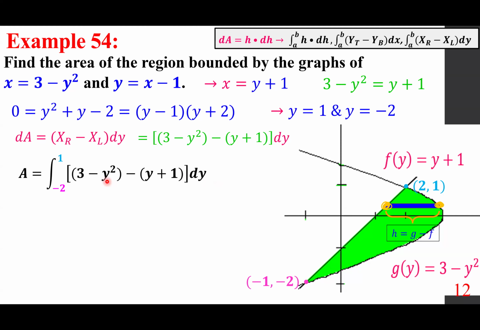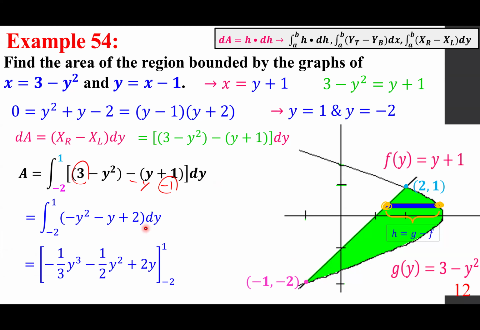Let's put this in order: minus y squared minus y plus 2. I'm going to find -1/3 y cubed minus 1/2 y squared plus 2y, again from -2 to 1. I'll leave it for you to evaluate and show that it's equal to 9/2, everybody. So that's pretty straightforward.